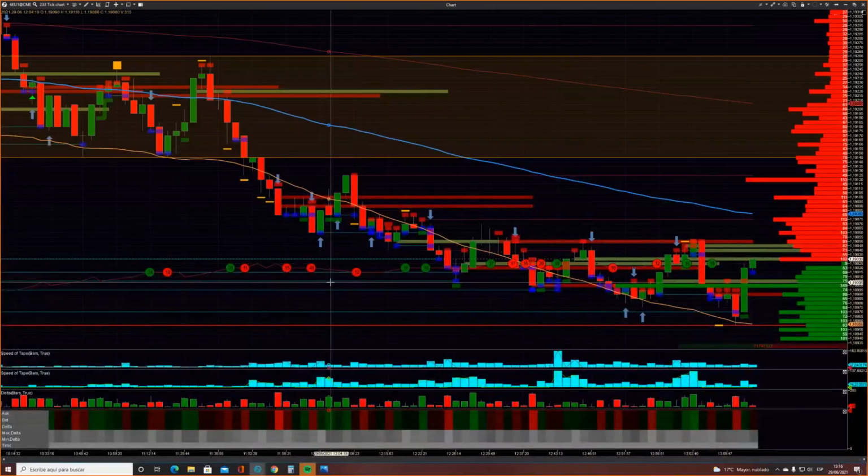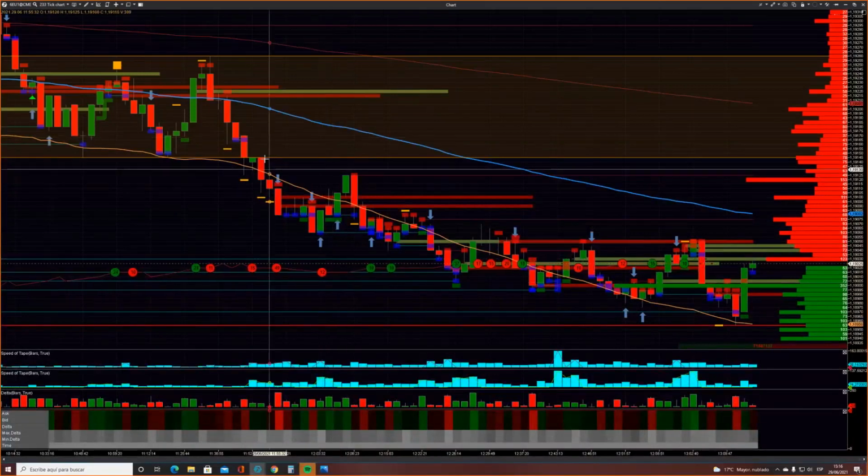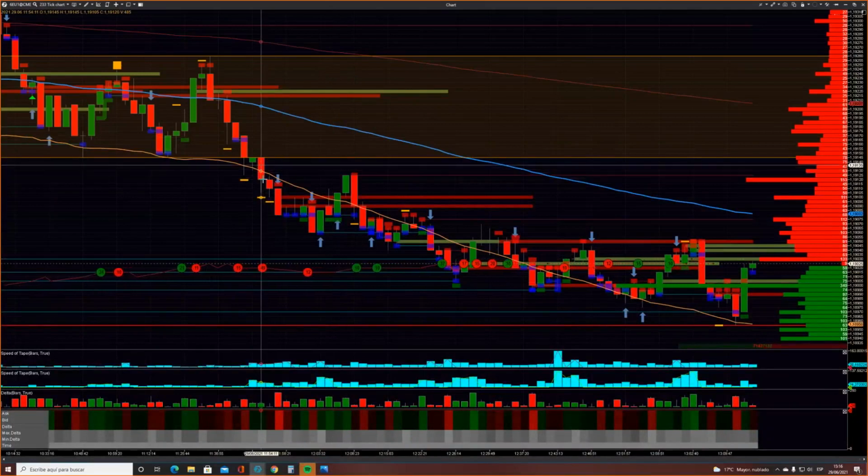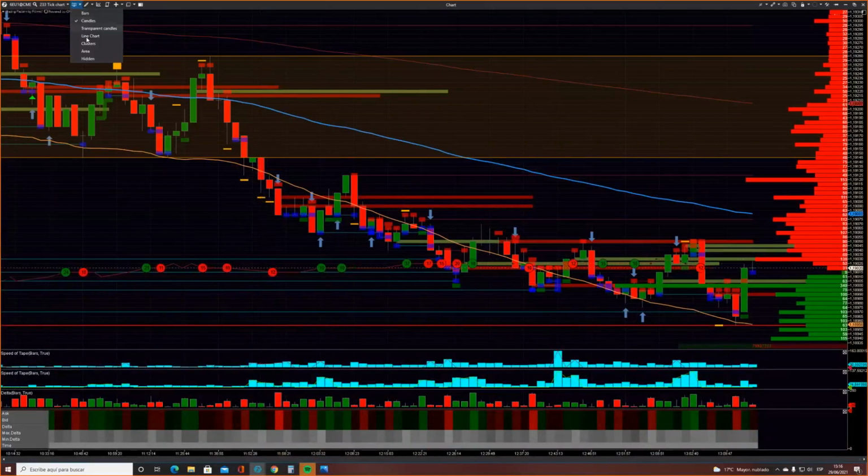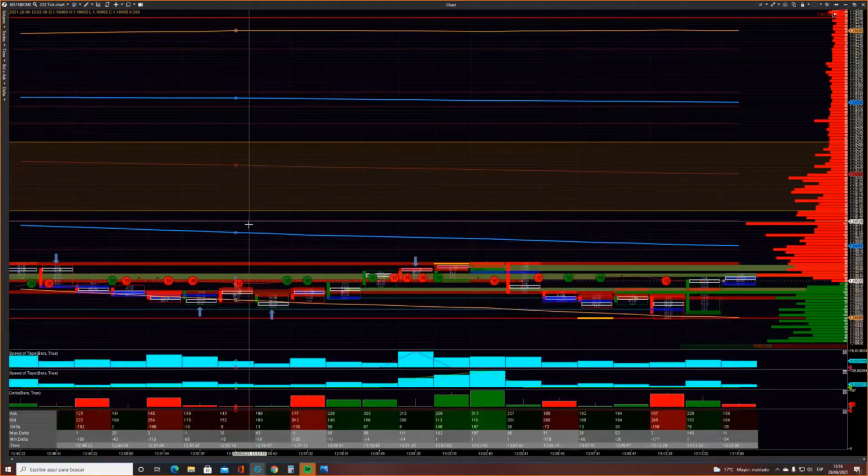Now what we're going to do is take a look at this candle right here, and we take note of the time, 54, so we can find it easier.